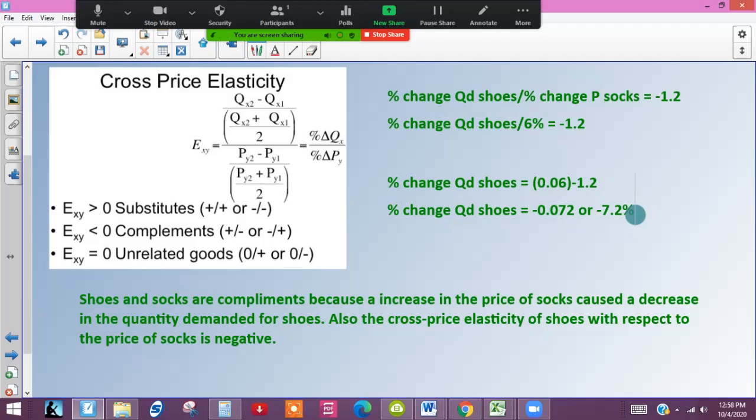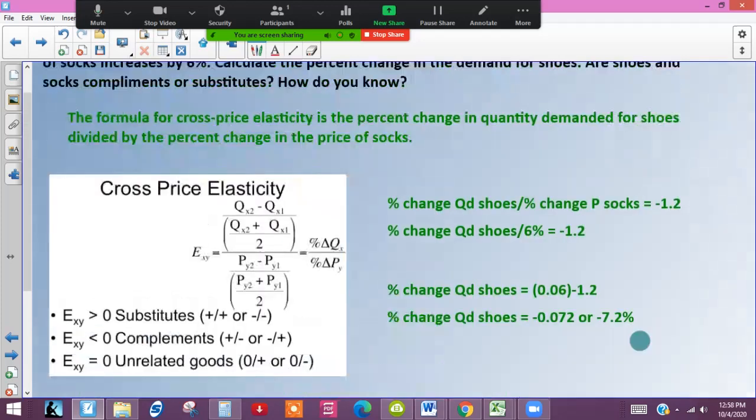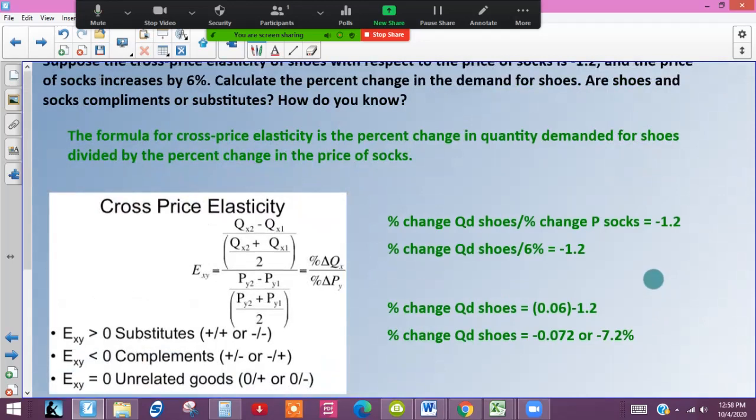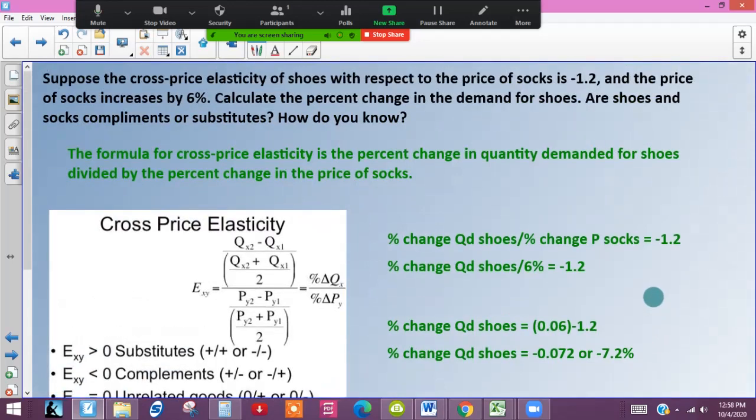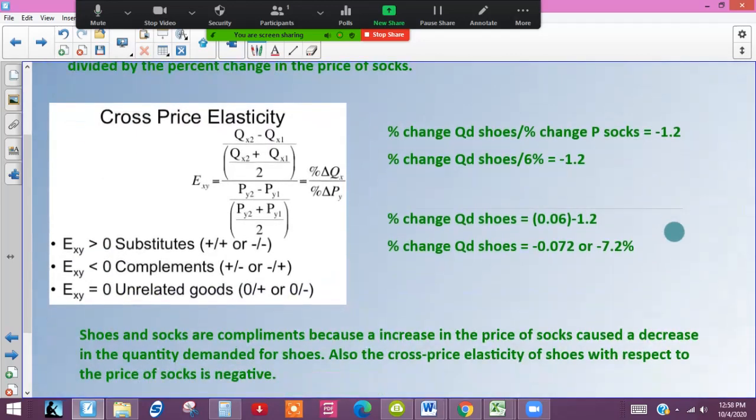This is a negative because, why do we know it's a negative? Because they give us the value up here of negative 1.2 as the cross price elasticity of shoes with respect to the price of socks. So that makes this come out to be negative.